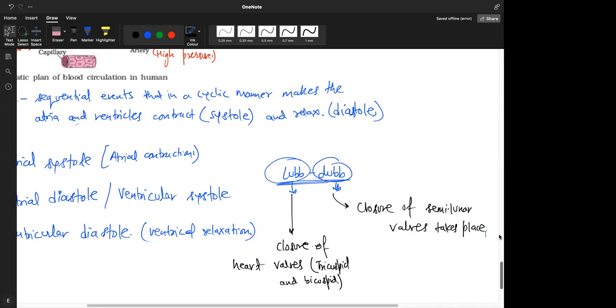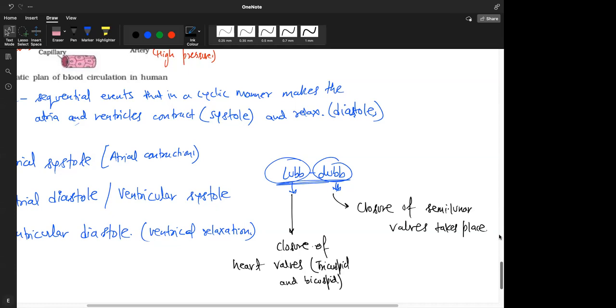What does the word semi-lunar mean? Semi means half, perfect. And lunar, Luna is moon. So the semi-lunar valve is present in the aorta, at the point where the aorta leaves the ventricle. It's also known as the aortic valve.